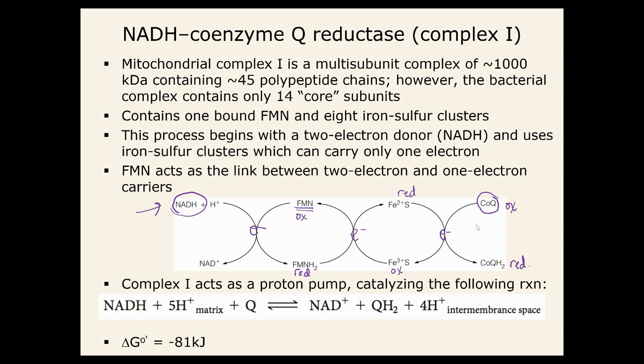See where it says here? From the matrix of the mitochondria into the intermembrane space. So this is coupled to the H plus pump. So acid is being pumped, and that is a really important piece, and it's pumped against its gradient.